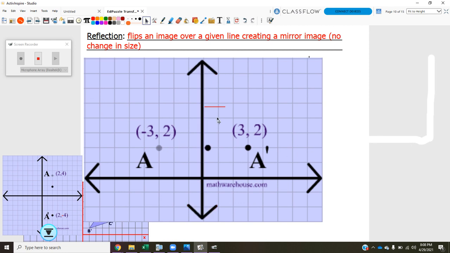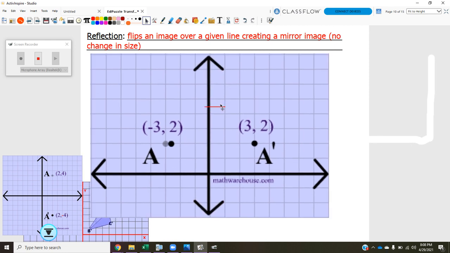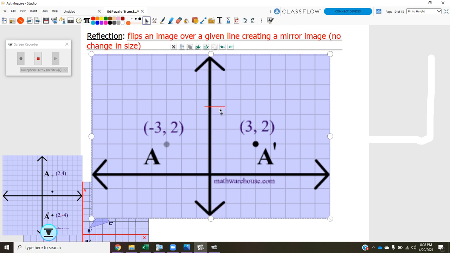You can see it light up. And what I want to demonstrate with this little line is it's the same distance. So if it's 3 squares to go from A to the y-axis, it'll be 3 squares on the other side, the exact same line.